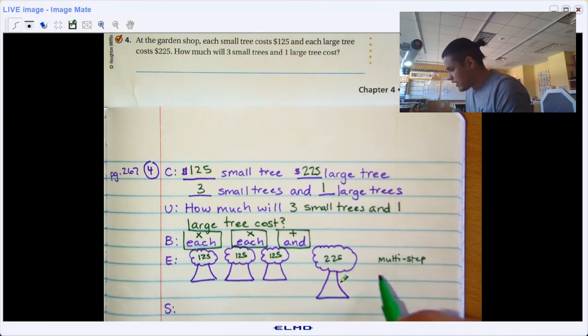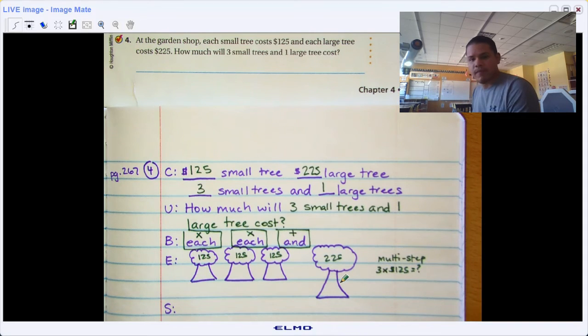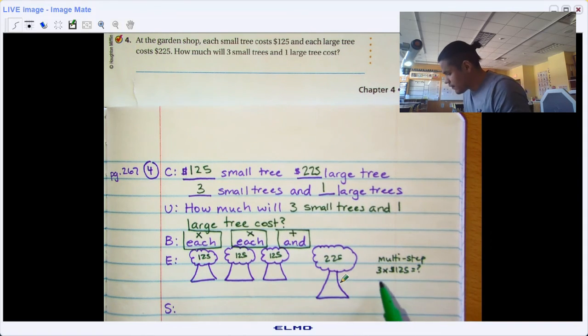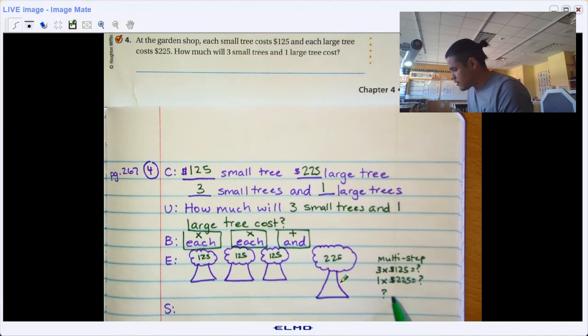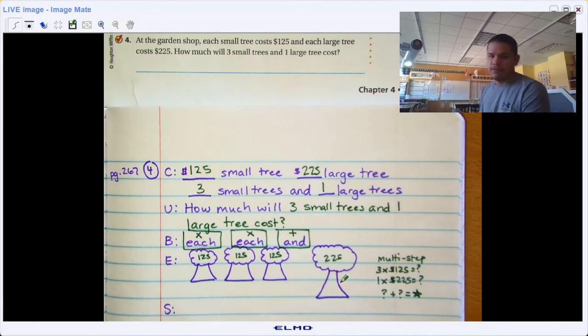I know that I need to multiply 3 small trees times 125 and get some number, okay? I know that I need to multiply 1 times 225 to get some number, and then I need to add those numbers up to give me my total cost.